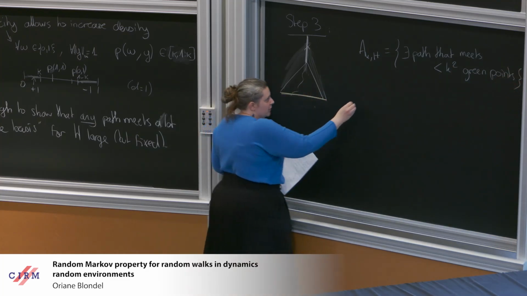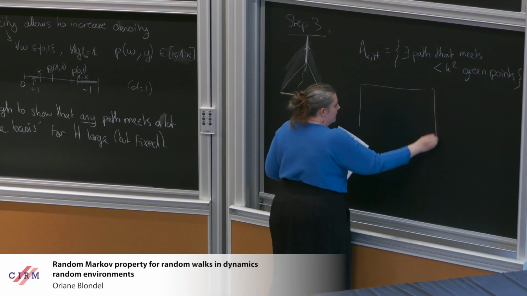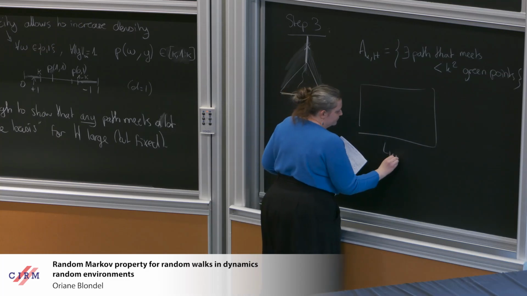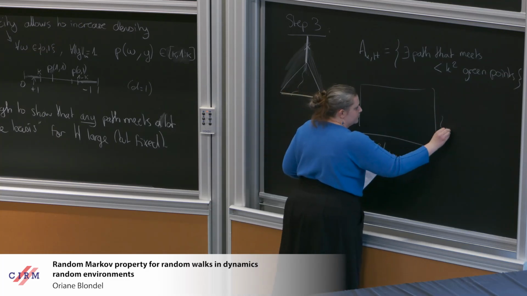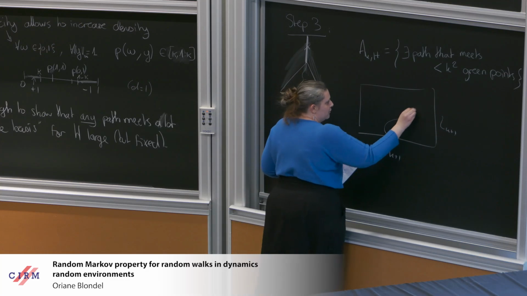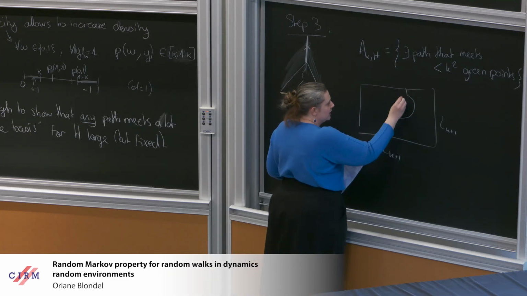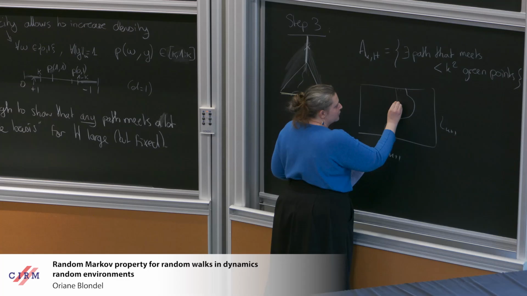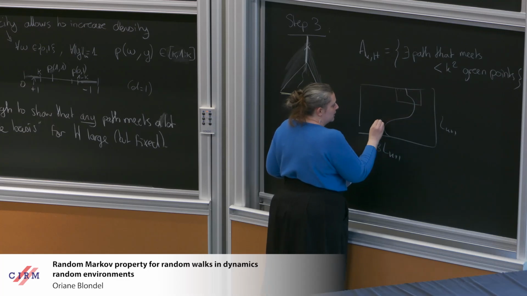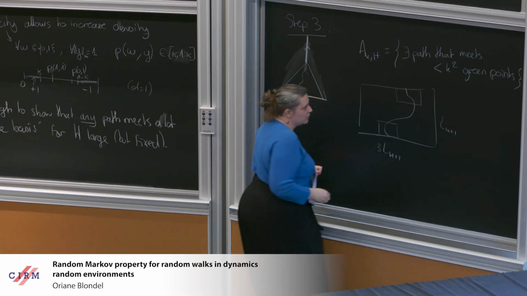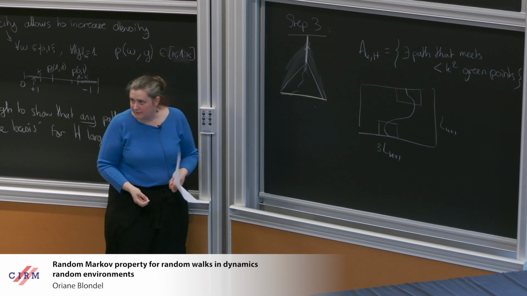And if this occurs at scale k plus 1, so you find your path, and it doesn't meet a lot of green points, then that means that also you can find 2 smaller boxes in which this thing happens.